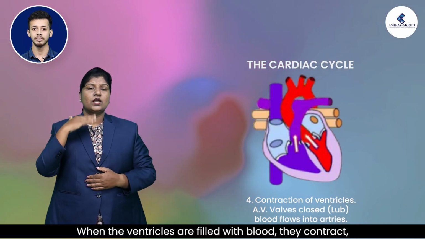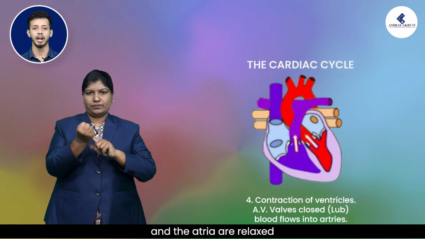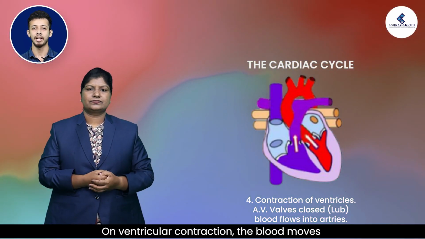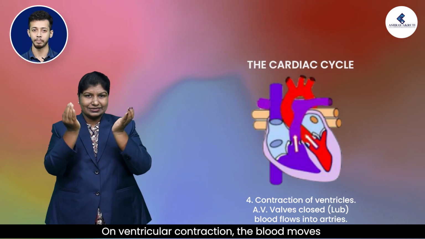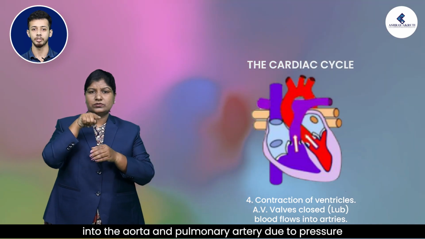When the ventricles are filled with blood, they contract and the atria are relaxed. On ventricular contraction, the blood moves into the aorta and pulmonary artery due to pressure.